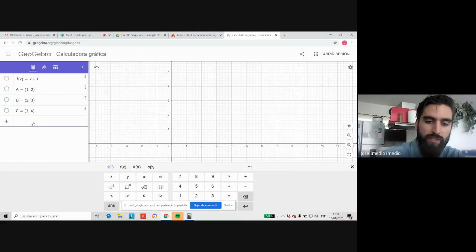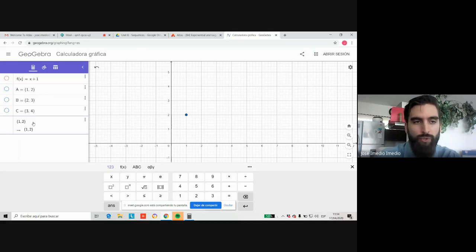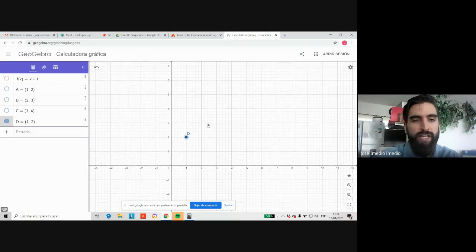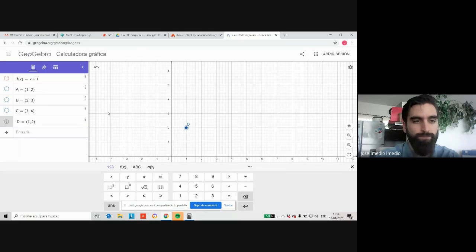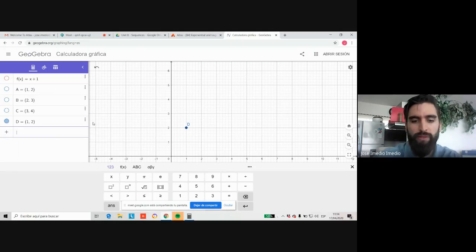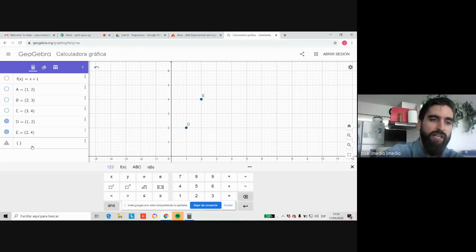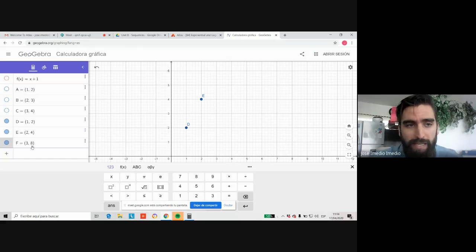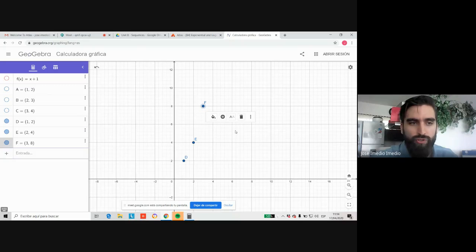In a geometric sequence, we have the point 1, 2: on the first day, we have 2 people infected with this disease, and then on the second day, they have infected 2 people each, and then on the third day there are 8 people infected, and so on.